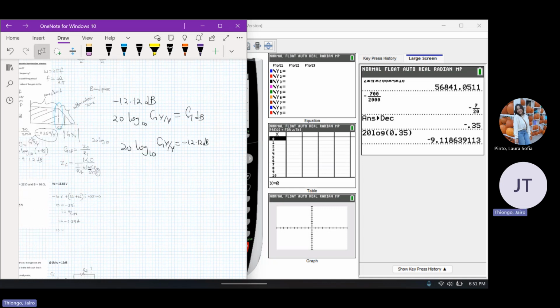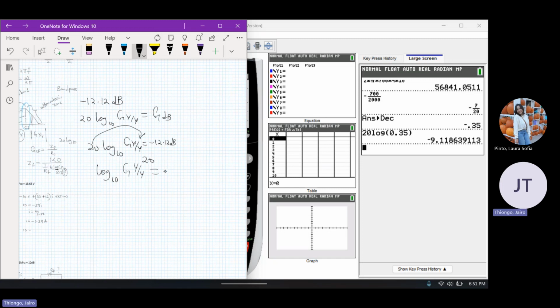So from the logarithmic way of analysis, we know that this can go here, right? Dividing by 20, we have log 10 of the gain equal to minus 12.12 over 20. Here we also know that from, let's say, log A of B is equal to C, we know that A to the power C is equal to B. So this to the power this is equal to this.